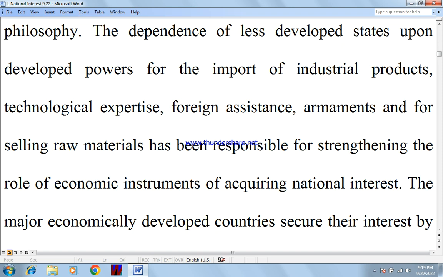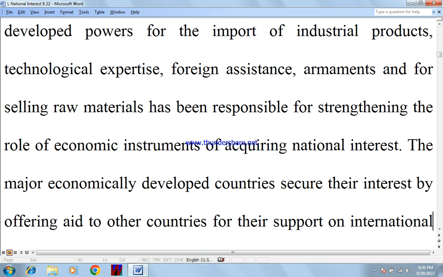The dependence of less developed states upon developed powers for the import of industrial products, technological expertise, foreign assistance, armament, and for selling raw material has been responsible for strengthening the role of the economic instrument of acquiring national interest.